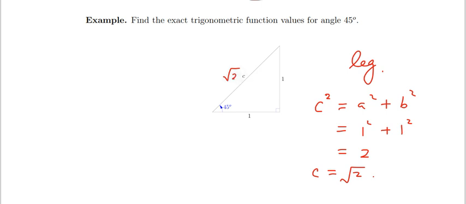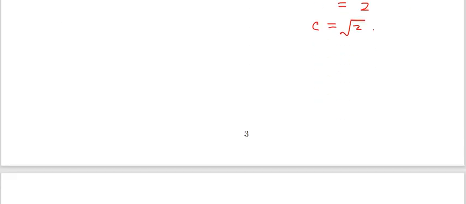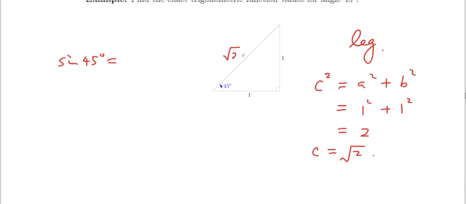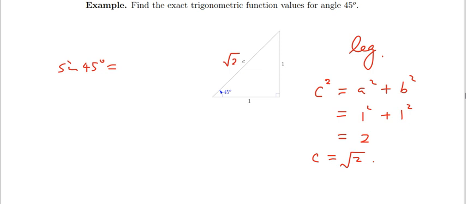From here, we can easily find sine 45 degree. According to the definition, sine is the opposite side over hypotenuse, right? So it equals 1 over radical 2.